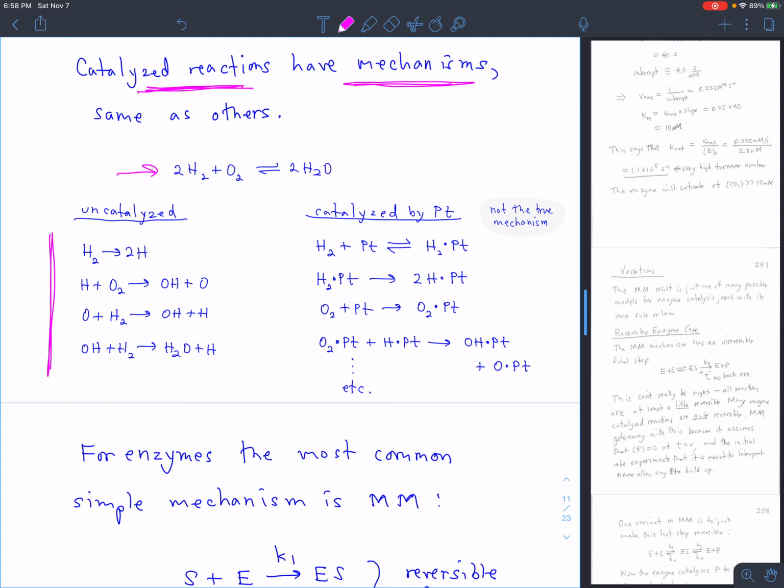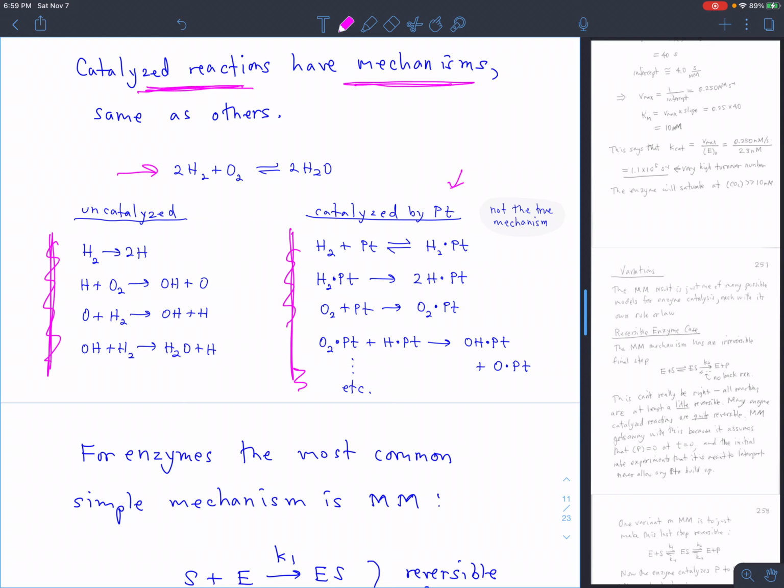I know for a fact that this mechanism isn't actually complete. But here's our simple version of a water-forming reaction mechanism in the gas phase in the absence of a catalyst. And going by the pictures I drew up above, here's at least part of all the elementary steps that are present in the presence of a catalyst. I haven't even finished here, and I've already got 4 of them, and there's probably 4 or 5 more.